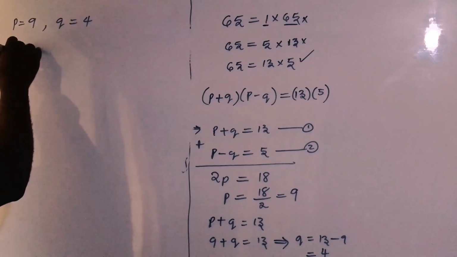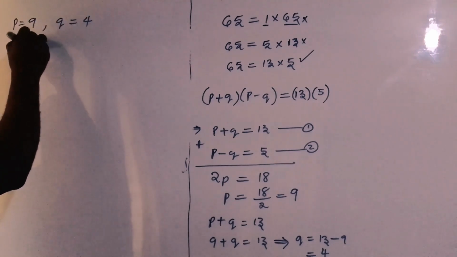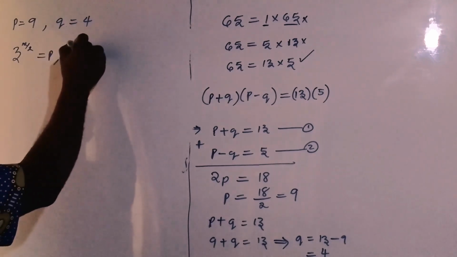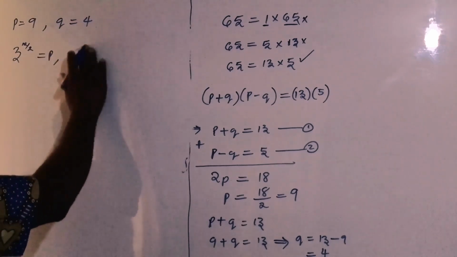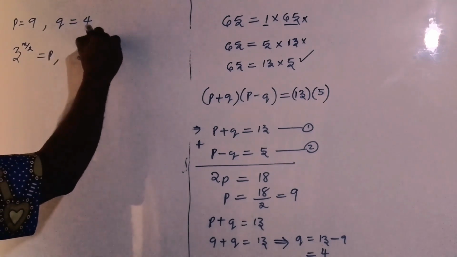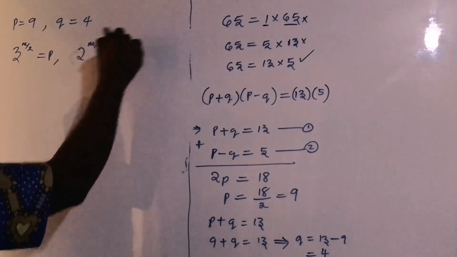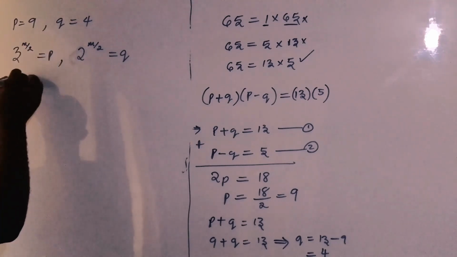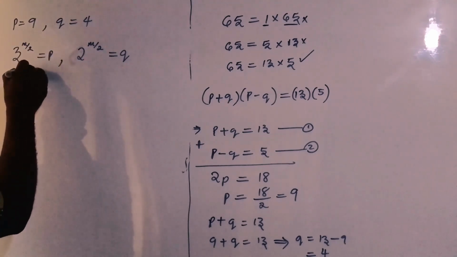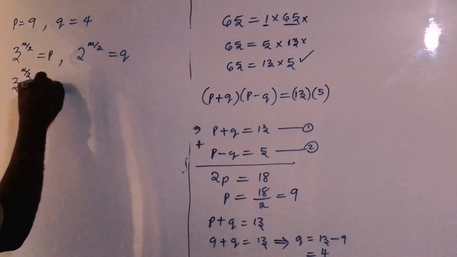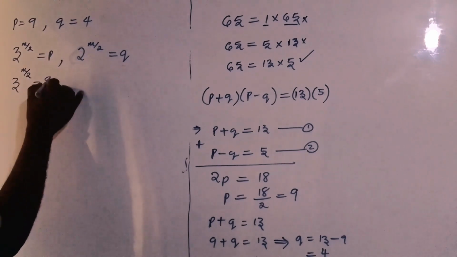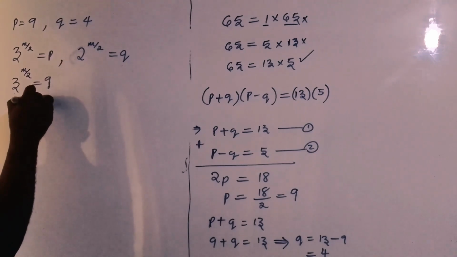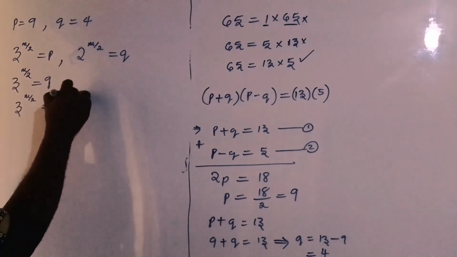Now we know that 3 to the power of m over 2 equal to P and 2 to the power of m over 2 equal to Q. So now that we know P equal to 9, this becomes 3 to the power of m over 2 equal to 9. And I'm going to write 9 in base 3. So I have 3 to the power of m over 2 equals 3 to the power of 2.